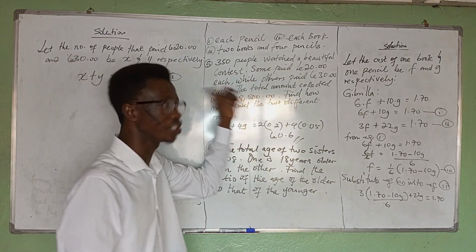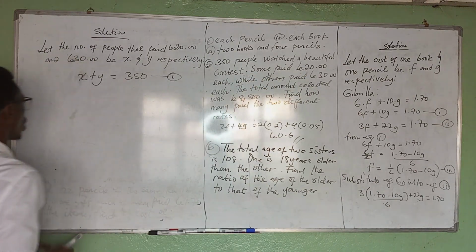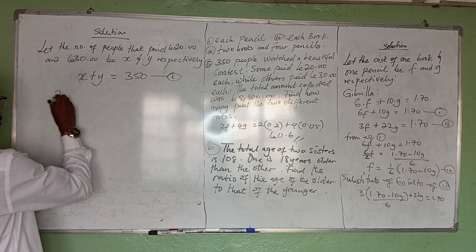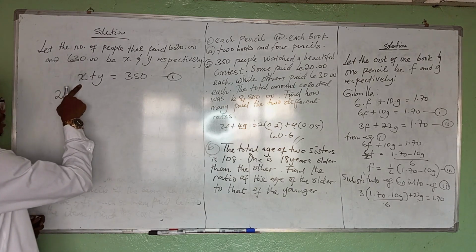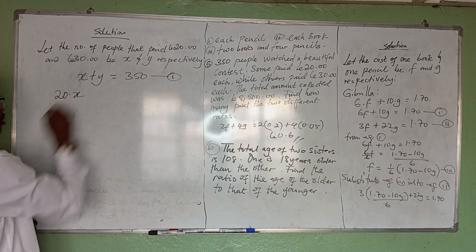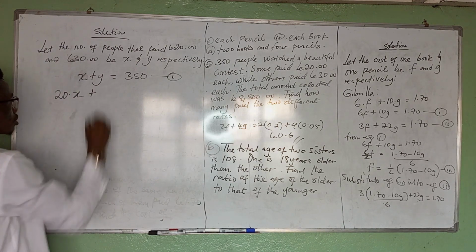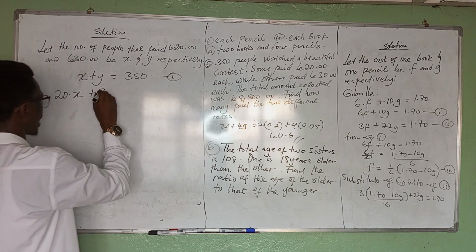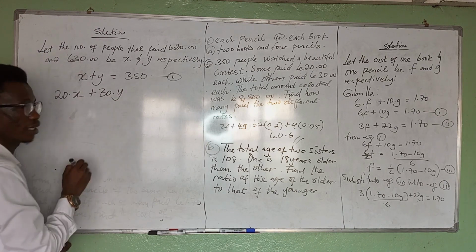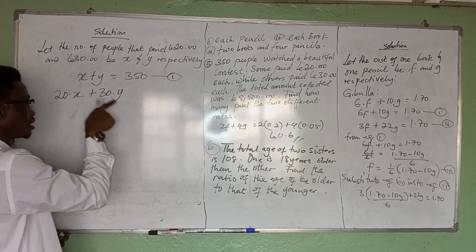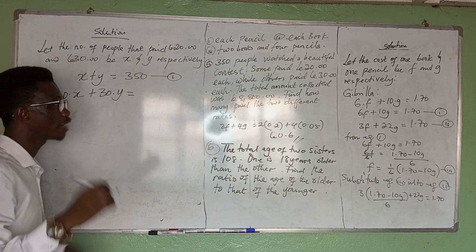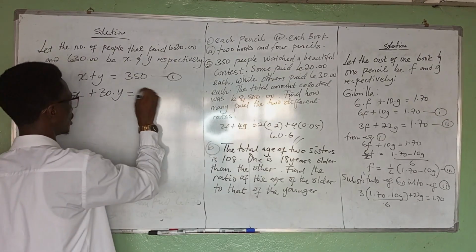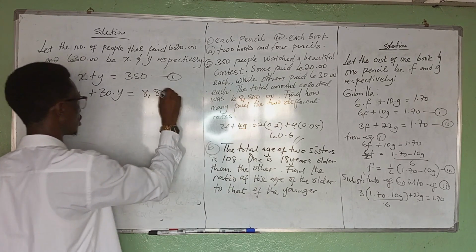Some pay 20 each. So those that pay 20, we've let that be x each, plus those that paid 30 each, that's y, and the amount collected is 8,800.